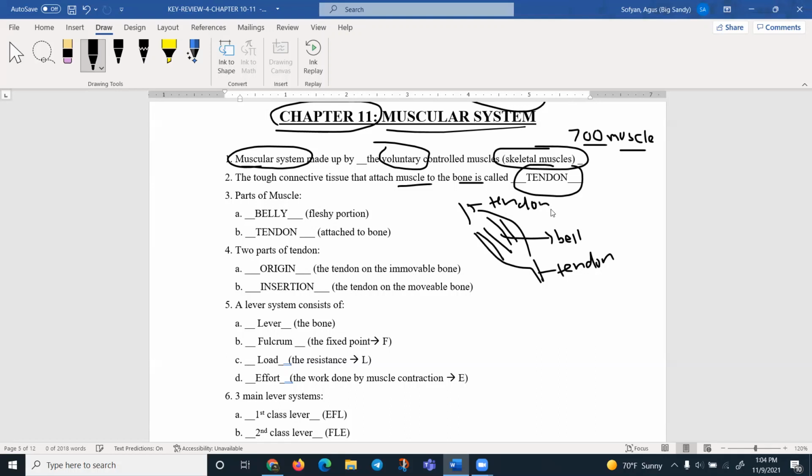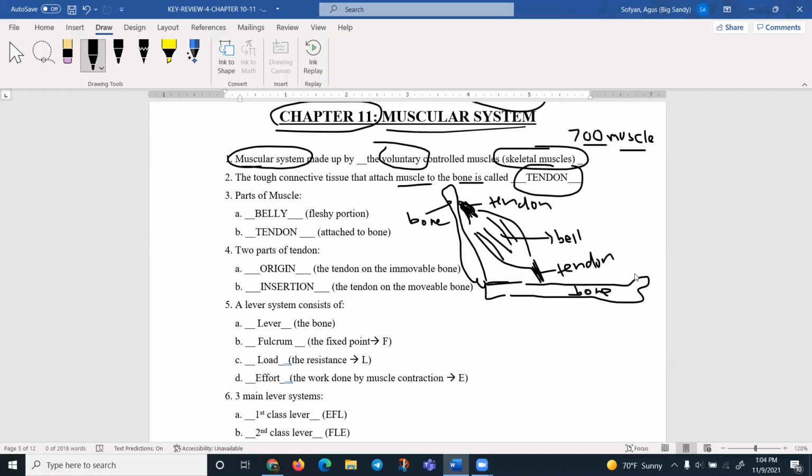Remember, tendon is the connective tissue that connects muscle to the bone. And let's say there is another bone over here, so it's connected by these tendons, two positions.